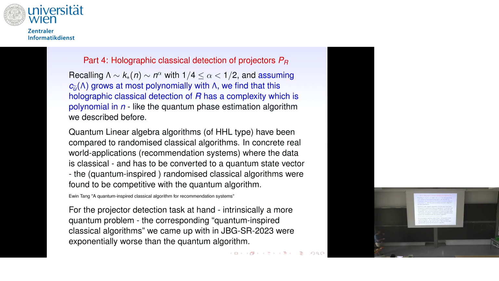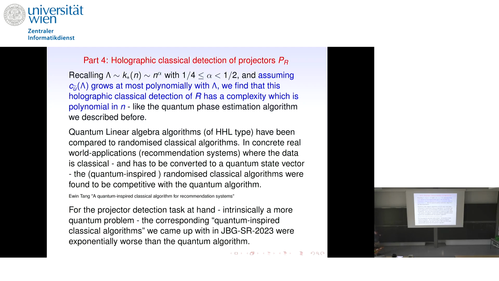Anyway, our version of this kind of algorithm didn't work so well, but the holographic one worked almost as well, modulo the unknown of how exactly you quantify the complexity of measuring U from the metric.